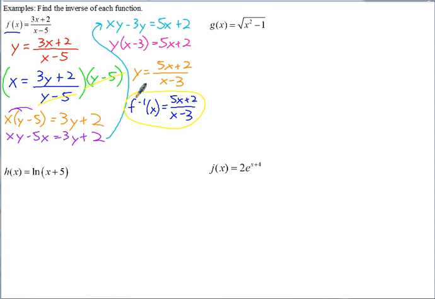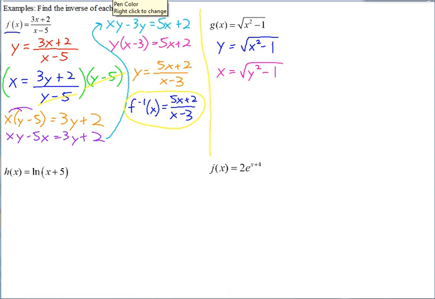All right, let's take a look at another one here. g of x equals the square root of x squared minus 1. Replacing g of x with y, this would just be y equals the square root of x squared minus 1. Again, remember the inverse function reverses the original function, so let's switch the x's and y's, so this becomes x equals the square root of y squared minus 1.